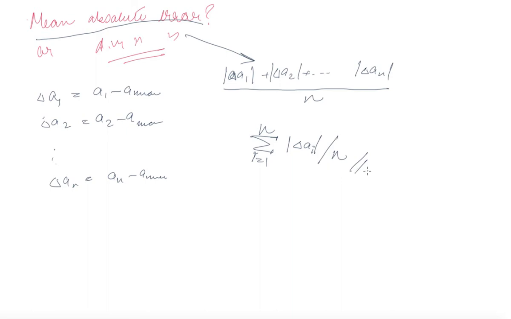Now we come to relative error. What actually is relative error? Let's ask ourselves this question. The term relative means it is related to something, that is, it's in comparison to something.